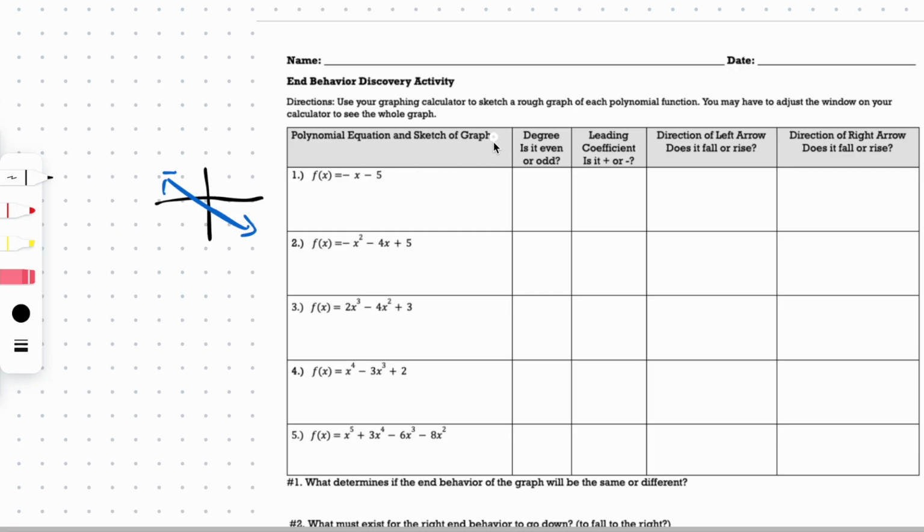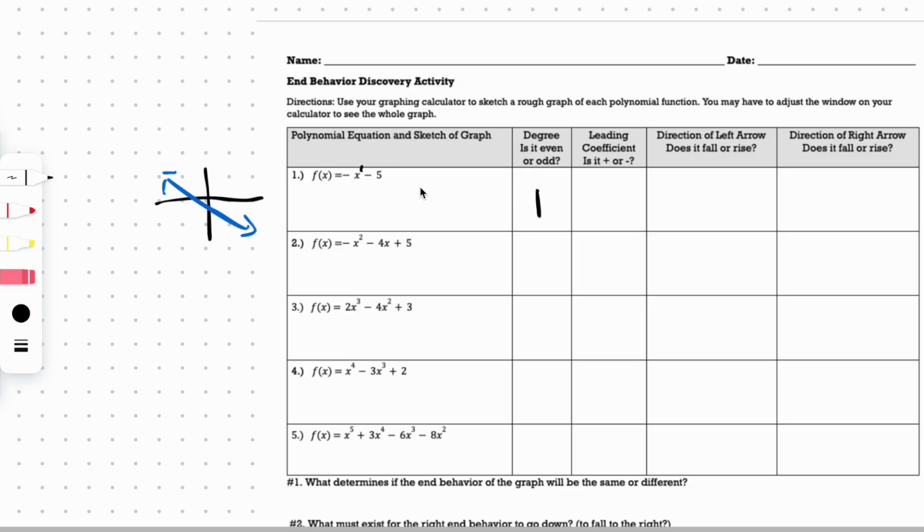Okay, so we're first asked for the degree. So the degree basically means when we're in standard form, what's the highest exponent on this x? So for example, this is x to the first. So our degree of this polynomial is just going to be 1.